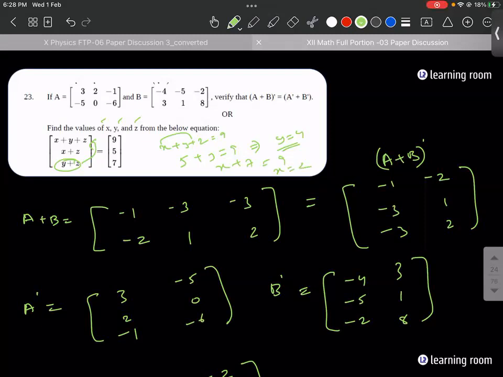When x is 2 and y is 4, 2 plus 4 plus z is equal to 9. So z will be 9 minus 6, which will be 3. I hope it's a simple problem. So x is 2, y is 4, and z is 3.